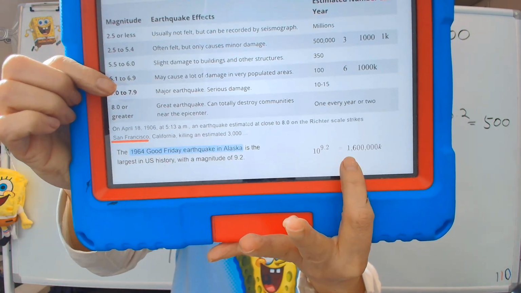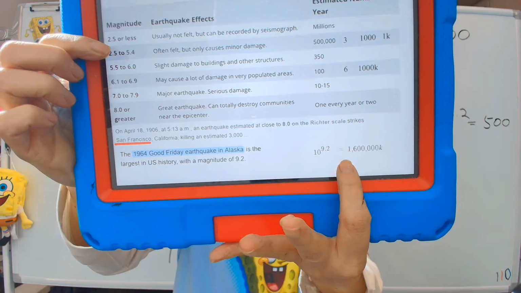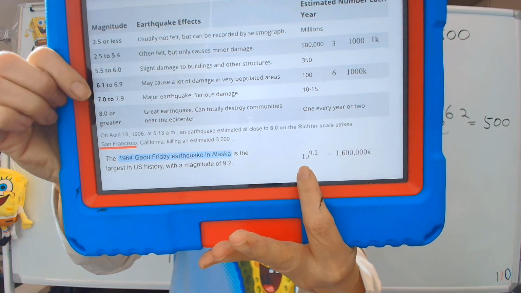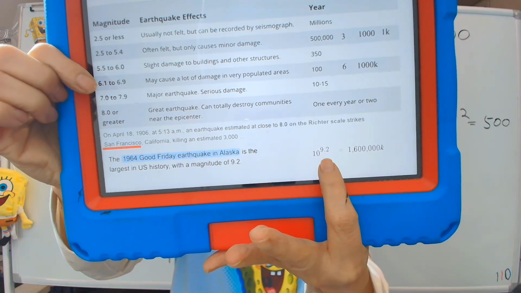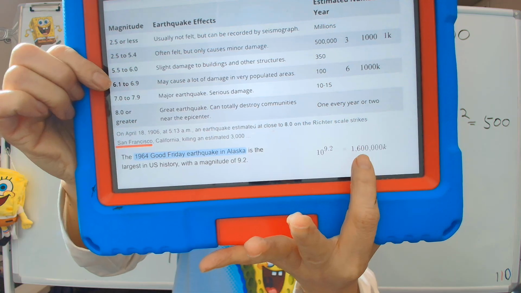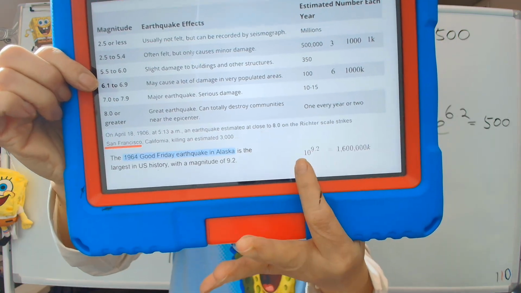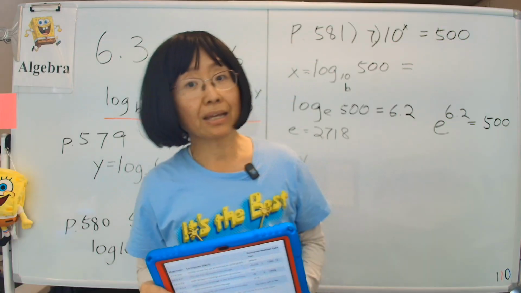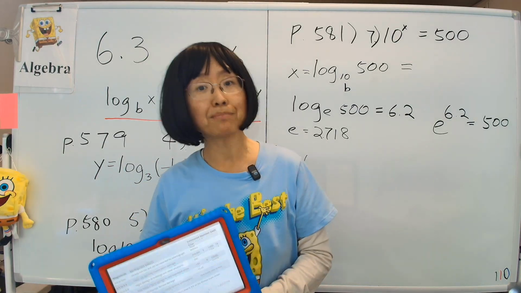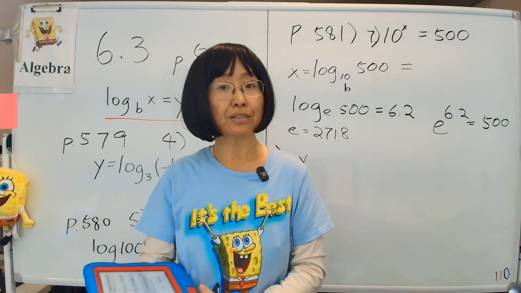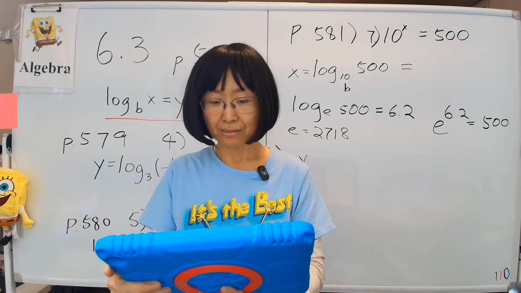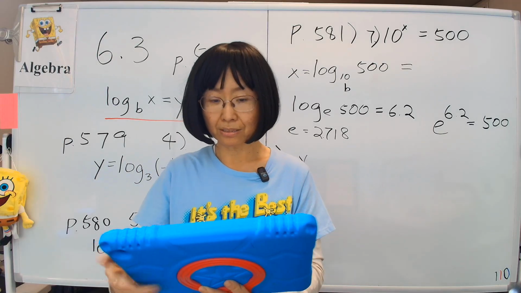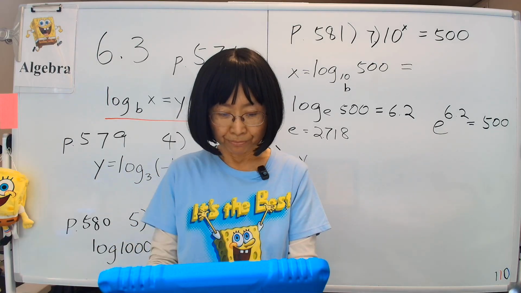That is why earthquake scales are done with much smaller numbers, so we don't have to quote how many millions. So 9.2, as you can see, is more than 1.5 million times stronger than the earthquake that we can somewhat feel. So that is, of course, going to cause incredible damage.